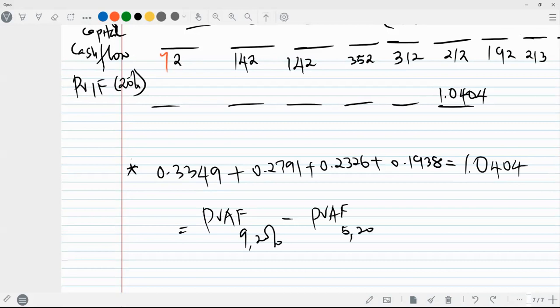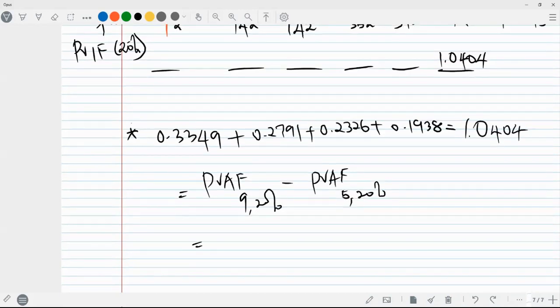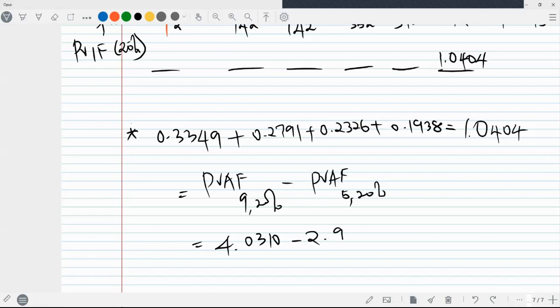From the annuity table, 20% year 9 is 4.0310, minus the factor for year 5, 2.9906.